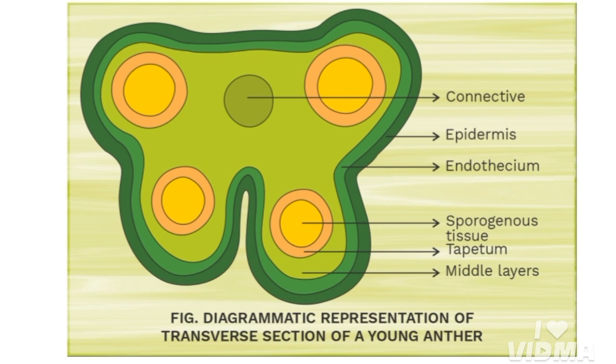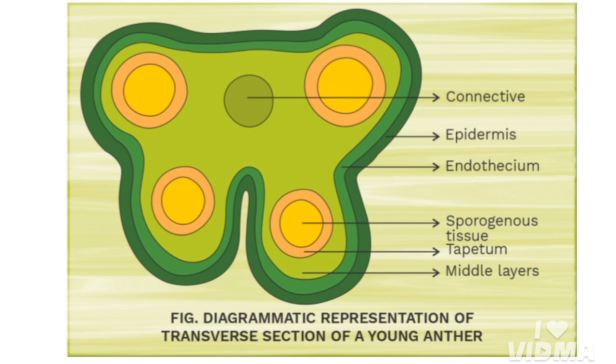Number 3, middle layers: the cells of this layer are ephemeral, 1 to 3 layered, and degenerate at maturity. Tapetum, number 4.